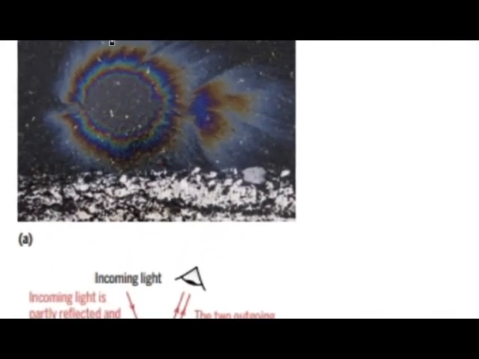You'll see alternating rings with different colors. Now remember, sunlight contains all of the wavelengths equally, all of the colors equally. Sunlight is white, which is a superposition of all the colors equally. So what you're seeing here is that for some radii, one particular color is in constructive interference.